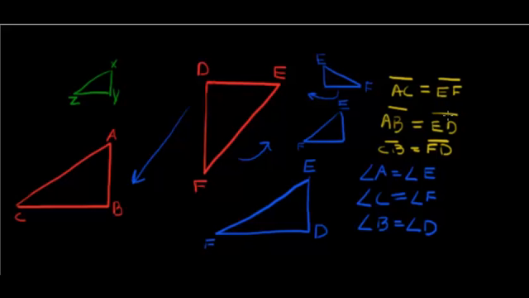So we now have our sides, and over here we have our angles. So that's a little bit of an example of how we would go about taking a look at similar and congruent triangles and finding their corresponding parts.